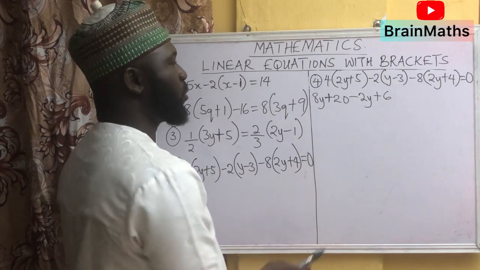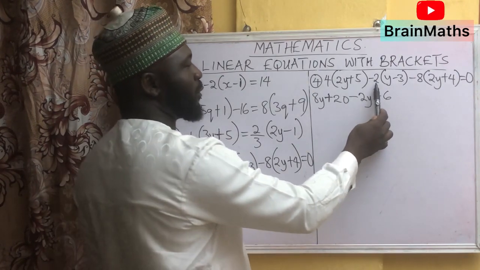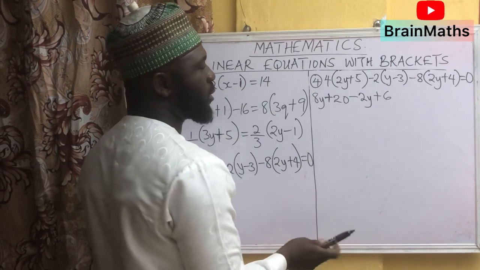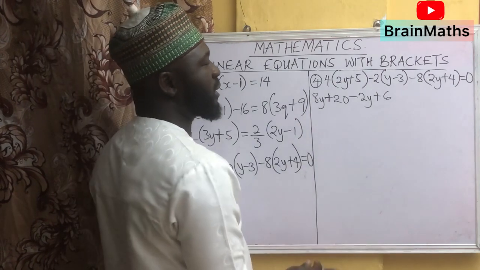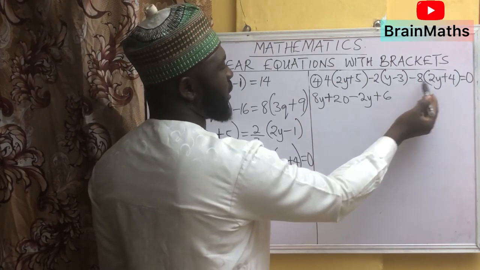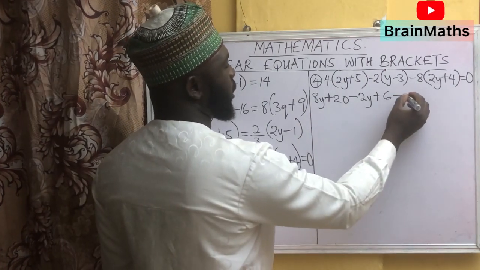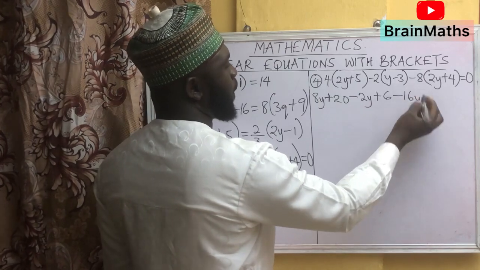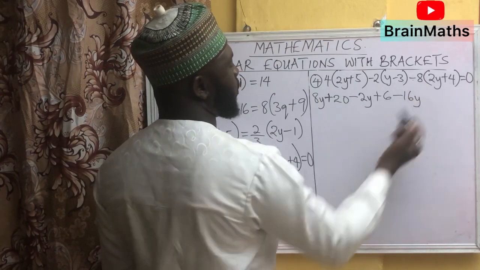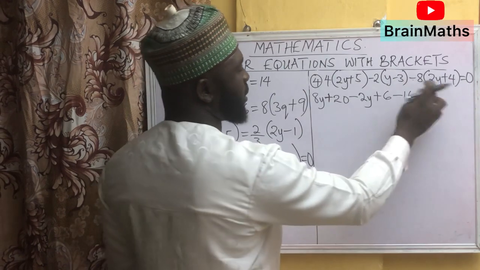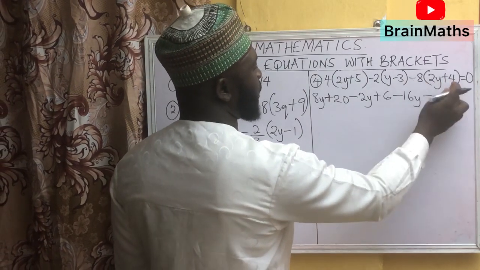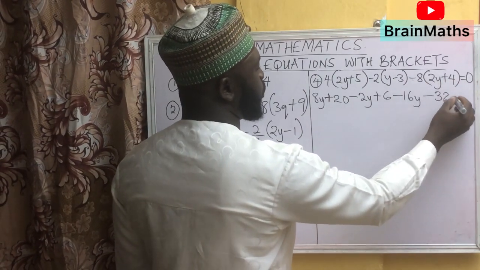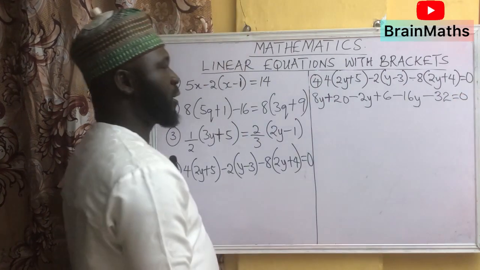Don't forget that whatever sign you have in front of the number you are using to open the bracket will also affect what is inside the bracket. Minus 8 times 2y will give minus 16y. Minus 8 times plus 4, minus times plus, minus 8 times 4, 32, all equals 0.